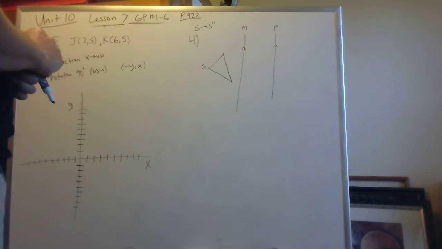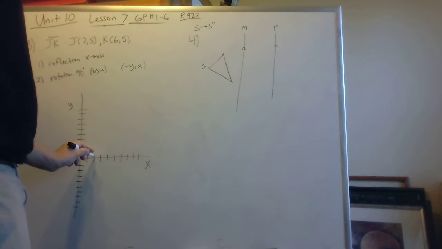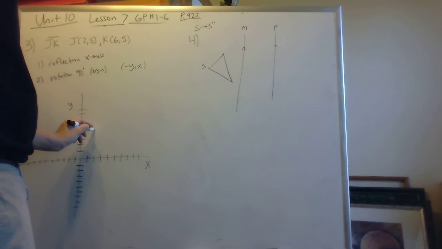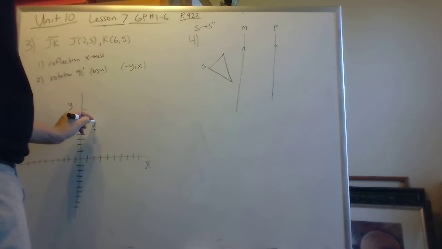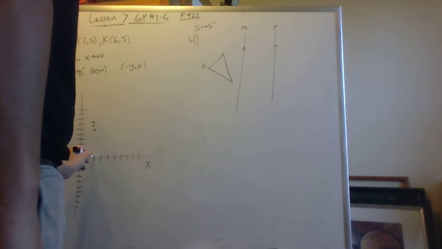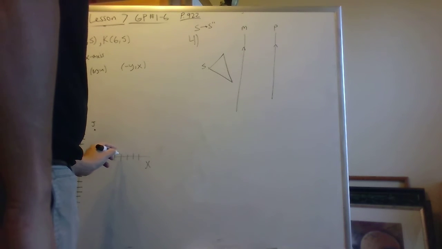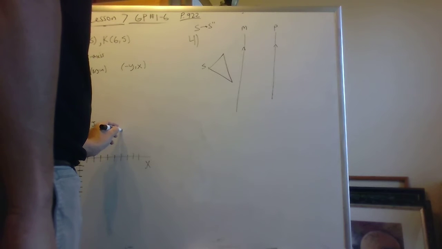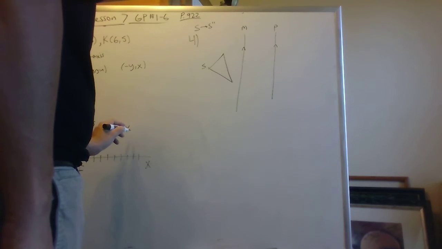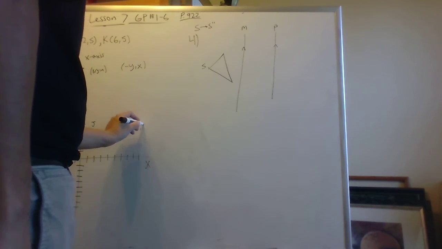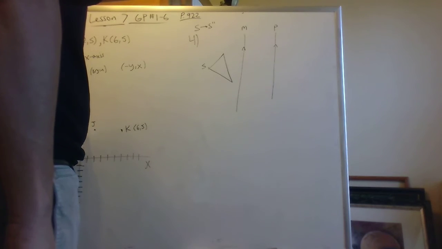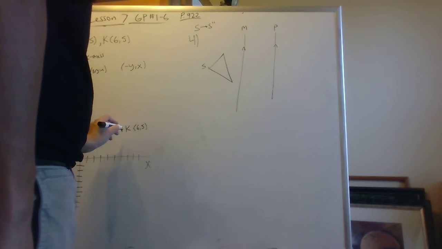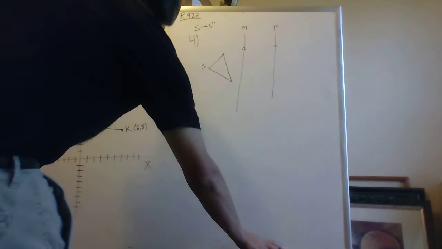J is at 2, 5, so we go 2 over to the right and up 5. All right, and K is at 6, 5, so right here. So 6, 5, and 2, 5. All right, so we have this horizontal line right there.